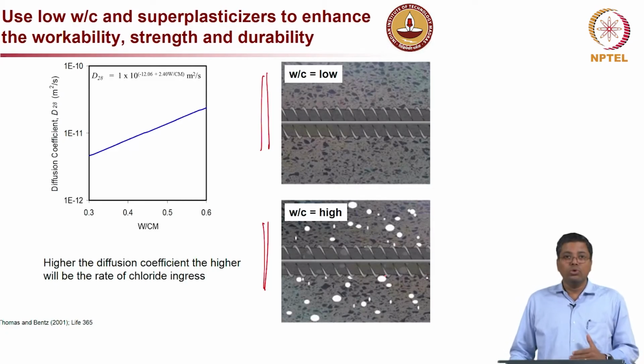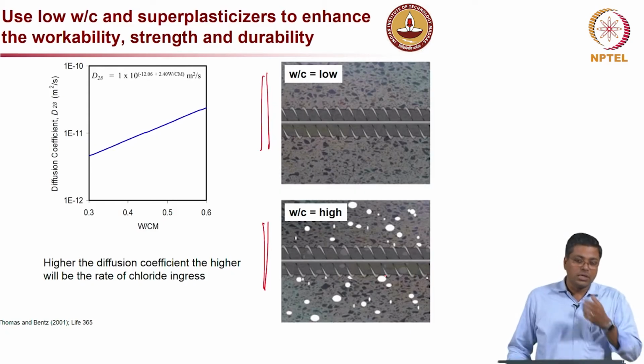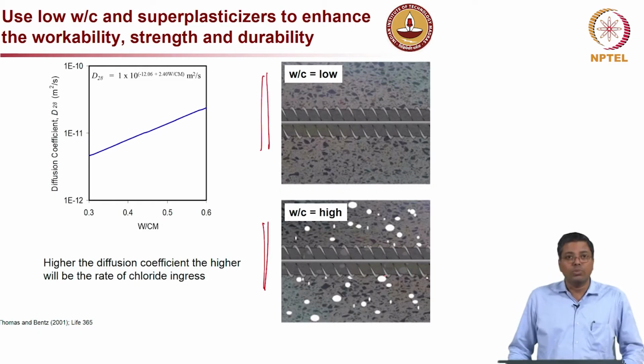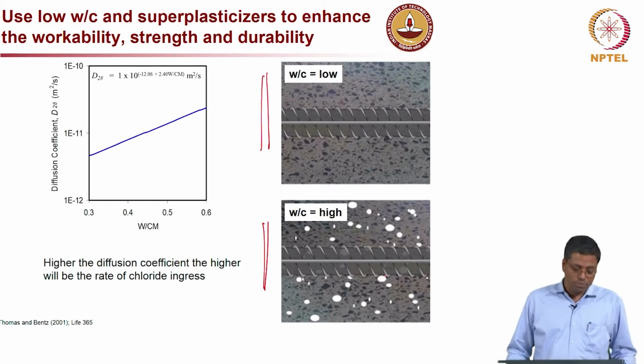So, what we should do is use lower water binder ratios, and if a low water binder ratio leads to workability related issues, then you handle that by using chemical admixtures such as superplasticizers and not by adding more water.